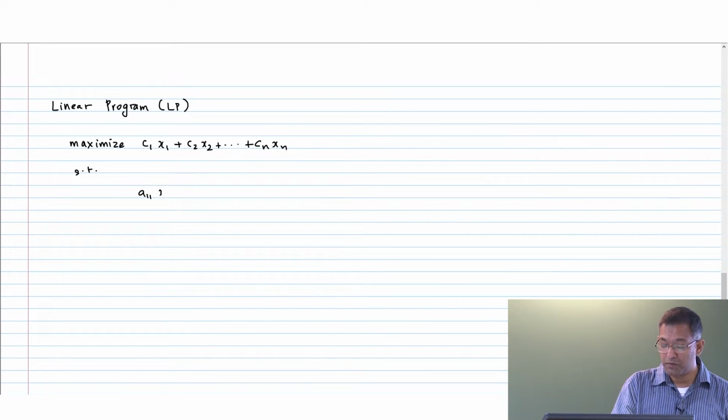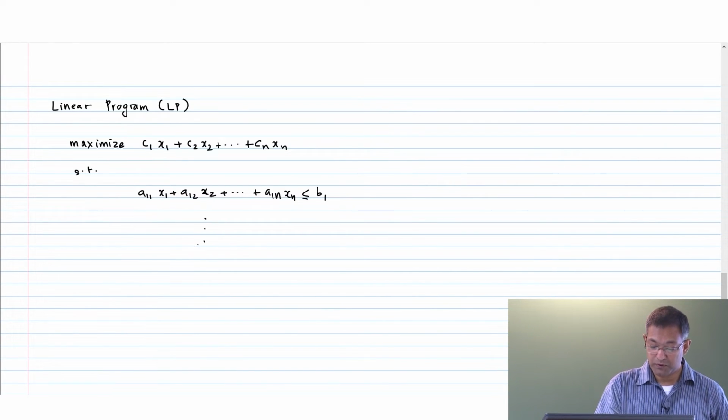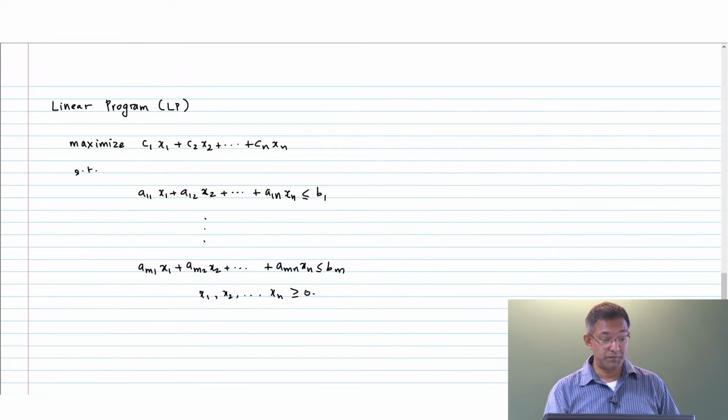We want to maximize c1 x1 plus c2 x2 plus cn xn subject to a11 x1 plus a12 x2 plus a1n xn is at most b1, and so on, am1 x1 plus am2 x2 plus amn xn at most bm, and x1, x2 to xn are non-negative.